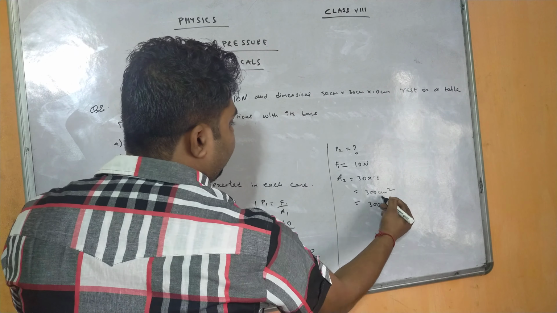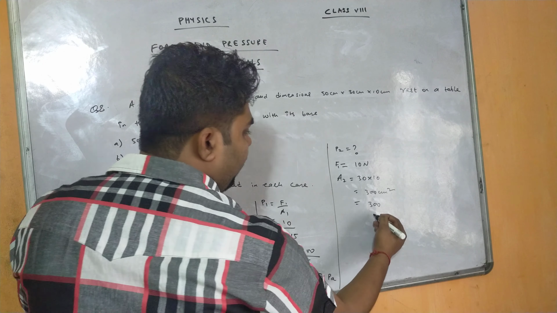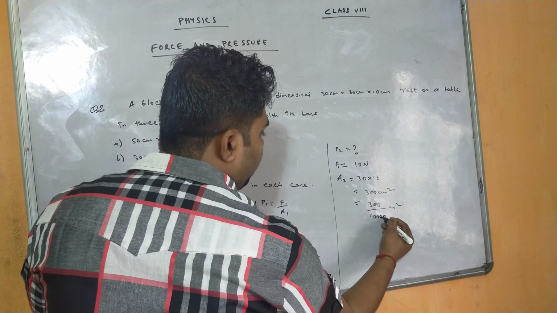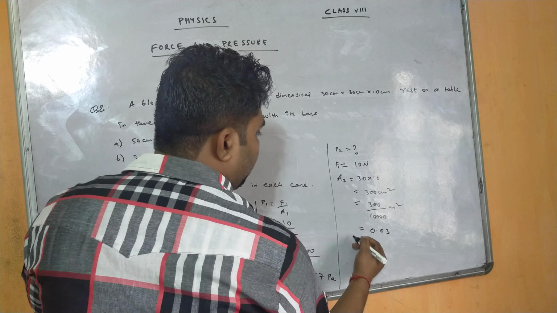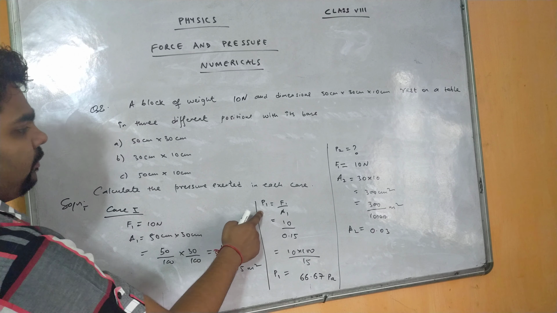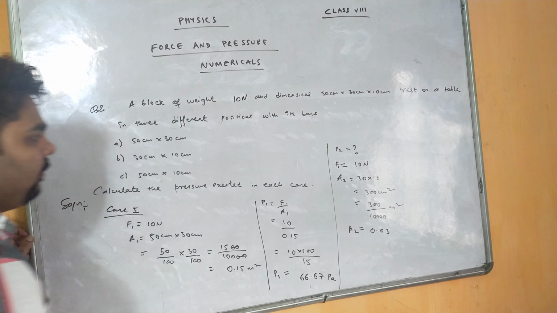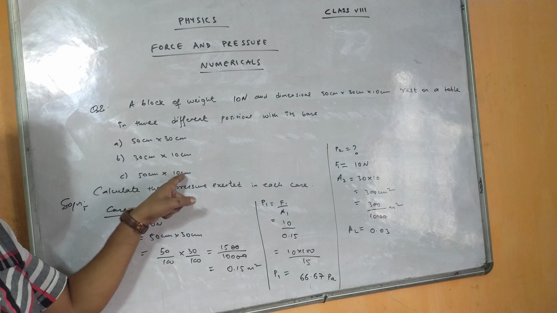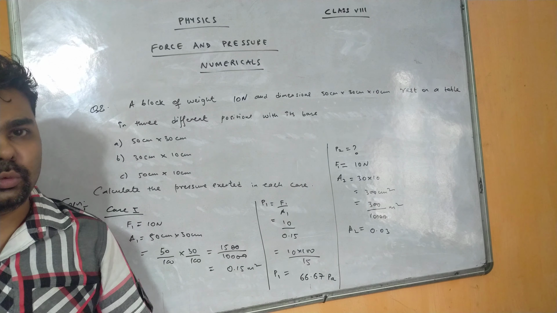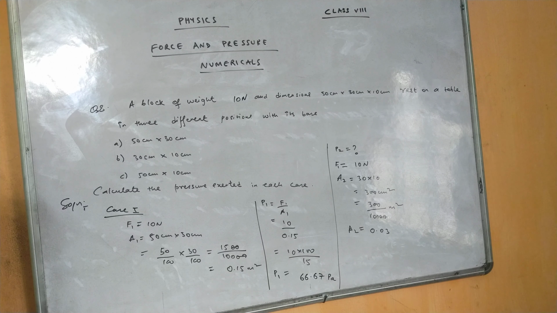To change 300 centimeter square to meter square, we divide by 4 zeros, so 2 zeros and 2 zeros get cancelled, giving 0.03 meter square. Now you will find pressure using the formula F by A. Likewise you will solve the third case also. So you will get 3 answers. This will be your required answer. The book answer is incorrect. Whatever answer you get here will be your correct answer.